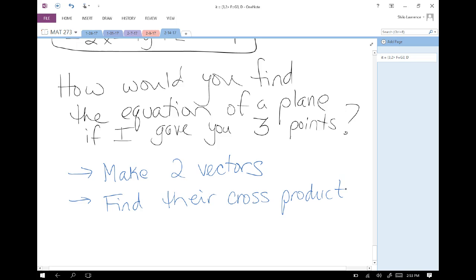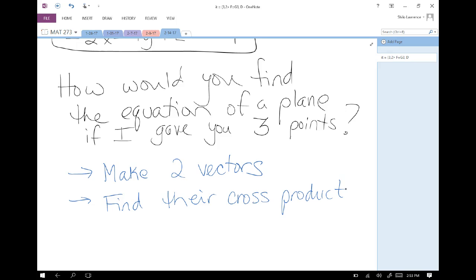So if you're given 3 points, you're going to use those 3 points to make 2 different vectors. And then you're going to do the cross product of those 2 vectors. That will give you a normal vector. At that point, you'll have a normal vector, and then you'll have 3 different points to choose from.